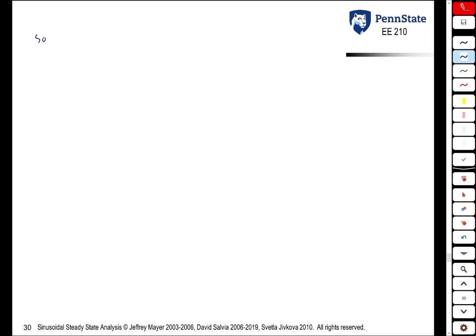So what do we have? We have J40 times (I2 tilde minus 10), plus (20 minus J10) times I2 tilde, is equal to 0. The only unknown left in this equation is I2 tilde.